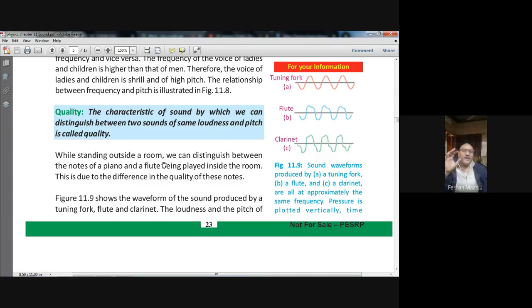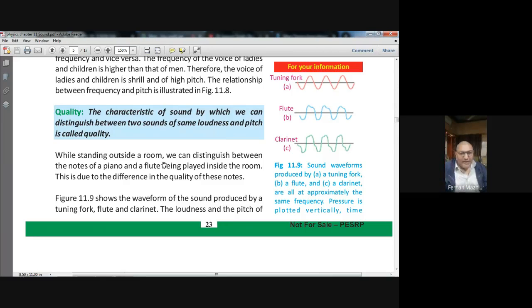Quality of the sound means that whenever any source produces sound, if you take a single wave of the sounds from different sources which are playing the same song, same frequency, same loudness, you will observe that if they have the same frequency, their time period will be the same.